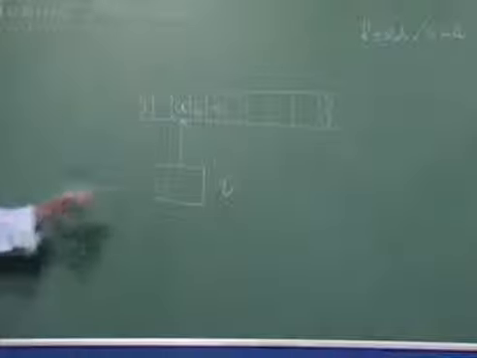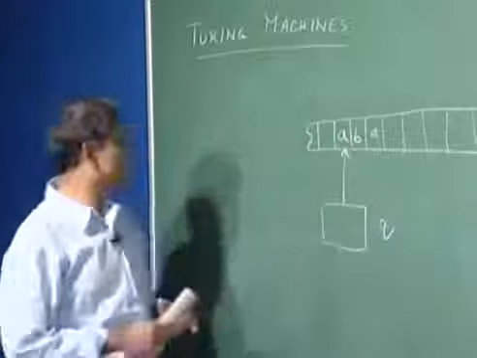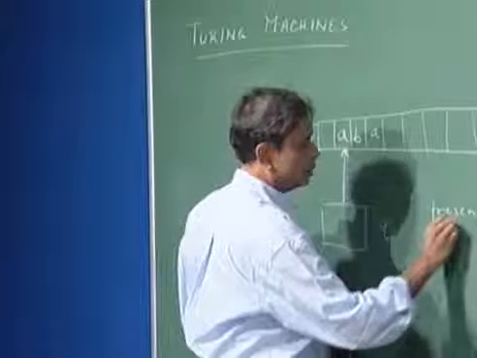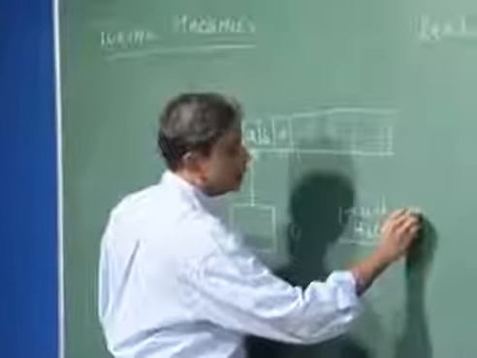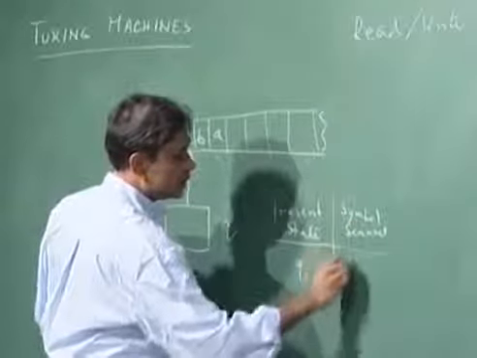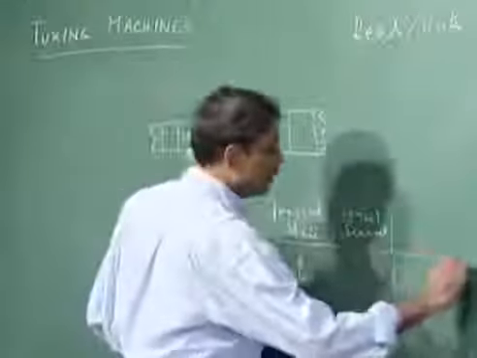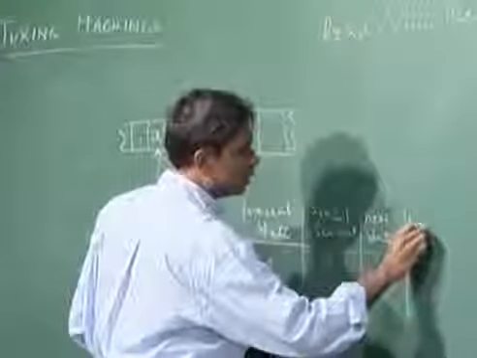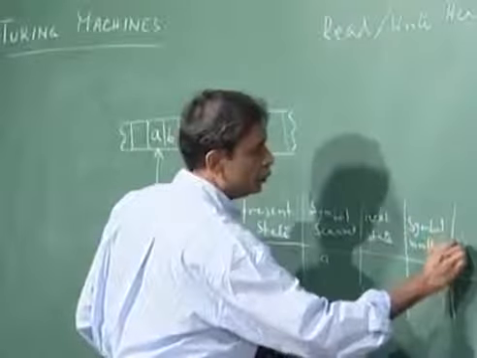So here, to begin with, let us say the machine is in some state q and scanning this symbol A. So we can say: present state is q, symbol scanned in this case is A, and now there will be a next state, symbol written, and move.